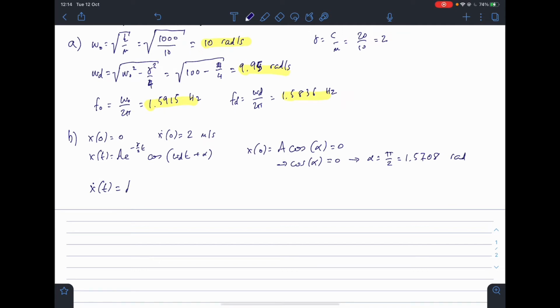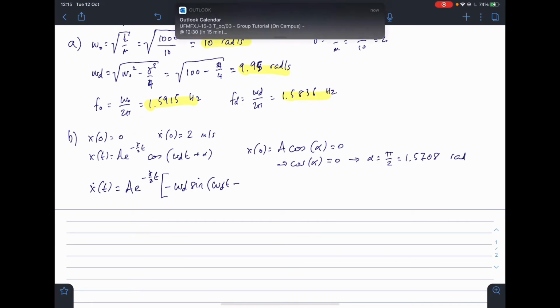If you remember, it was A e to the minus gamma upon 2 t, times minus omega d sine of omega d t plus alpha, minus gamma upon 2 cosine of omega d t plus alpha. That's what we came up with in the lecture.